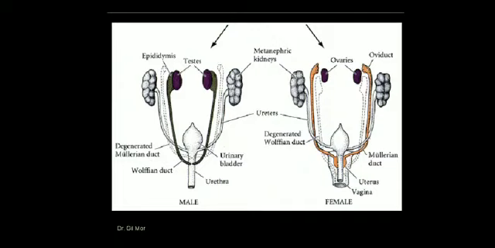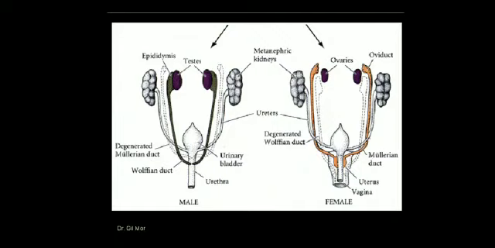In the first diagram, the males, there will be regression, degeneration of the Mullerian duct. So the Leydig cells stimulate the Wolffian ducts to form the epididymis, and then the vas deferens and seminal vesicles, whereas in the female internal genitalia, when there is absence of Mullerian inhibiting substance, the Wolffian duct will not be there.